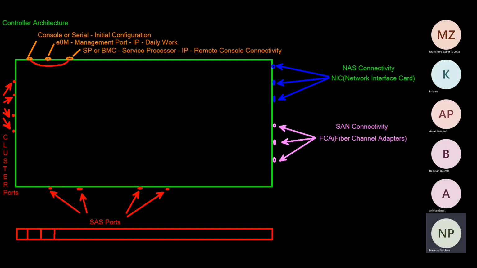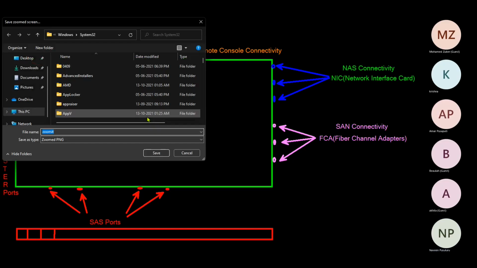Whenever you connect them to the switches or the other controller, they'll get an IP address 169.254. Switchless cluster, switched cluster, those ports. So that's it. These are the ports available on our controller. Any questions, guys? Any questions so far?